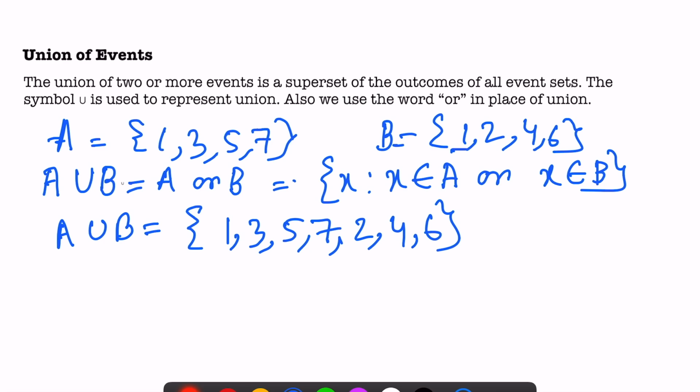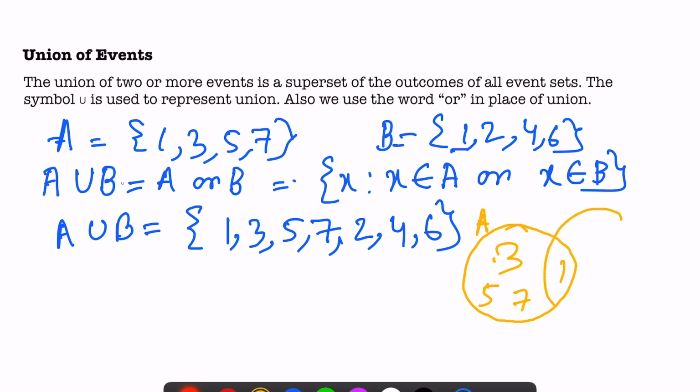So how do we visualize this? We'll draw a Venn diagram. Let's say this represents A, which contains 1, 3, 5 and 7.